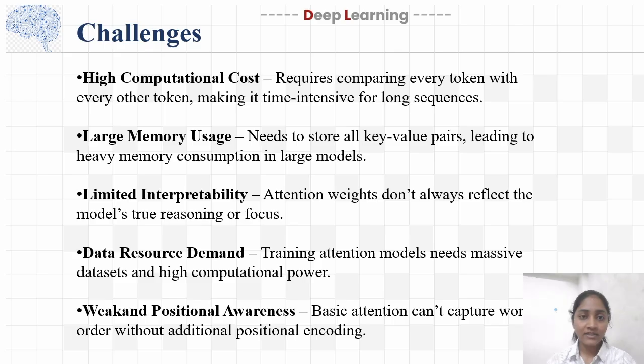Let's see the challenges. First, they are computationally expensive. Every token has to be compared with every other token, which increases time complexity. Second, they use a lot of memory since all key-value pairs must be stored. Third, attention weights are not always interpretable.